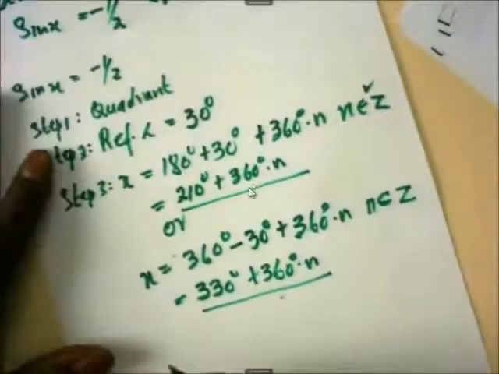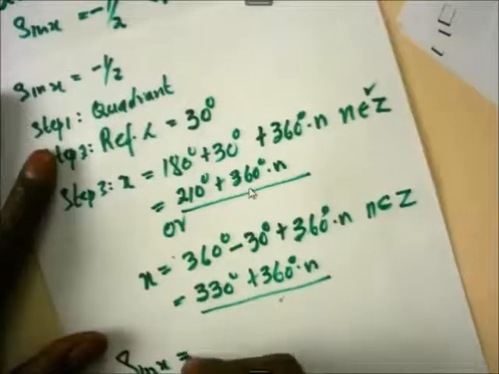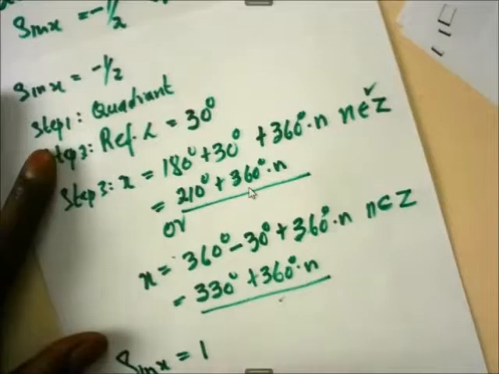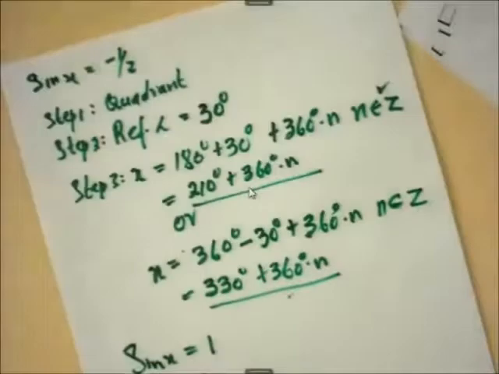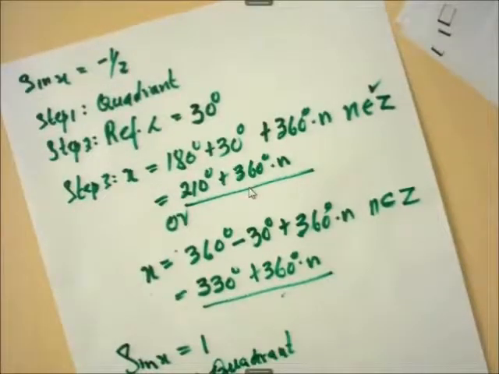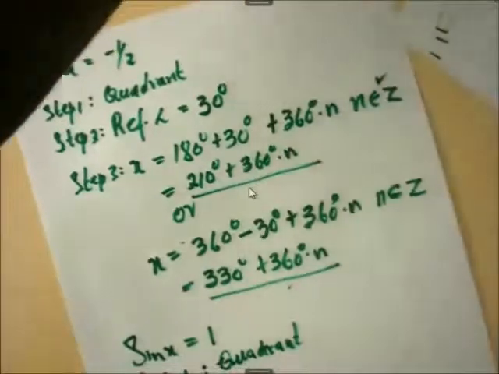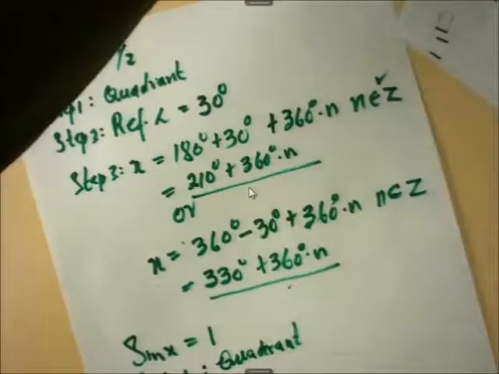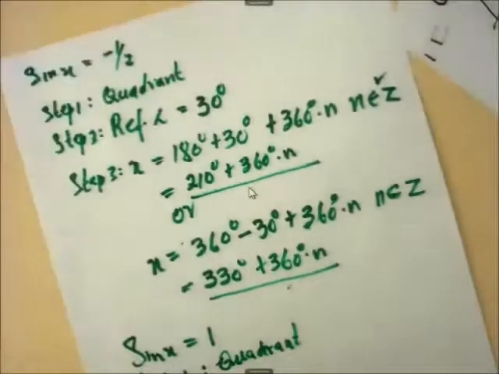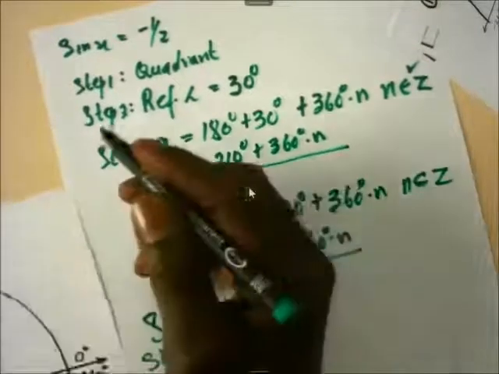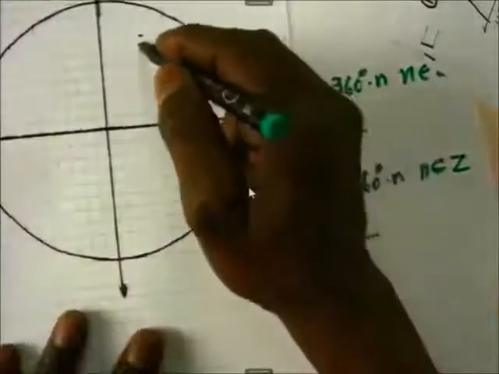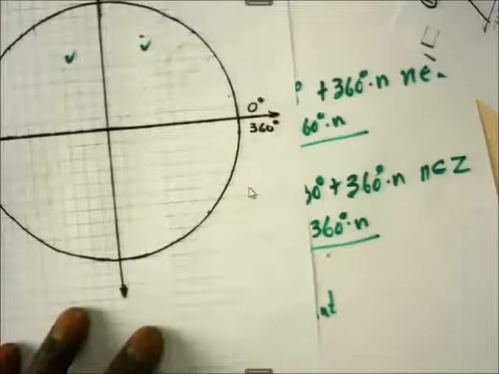So for sine x is equal to 1, step 1, we've got to find out the quadrant. This seems to be a funny problem. The ratio is positive. Okay? Now, in which quadrants is the ratio positive? That must be in the first and the second quadrant.